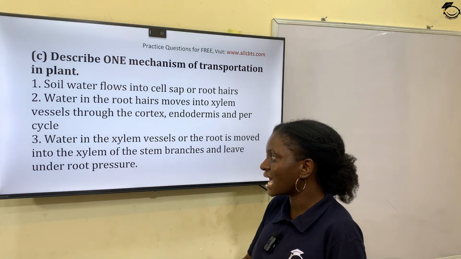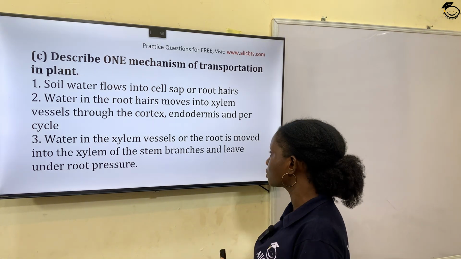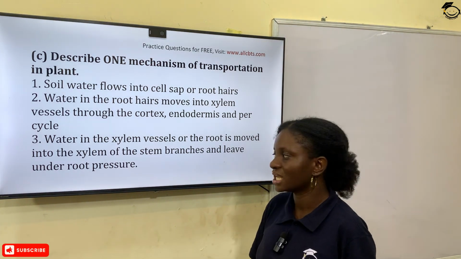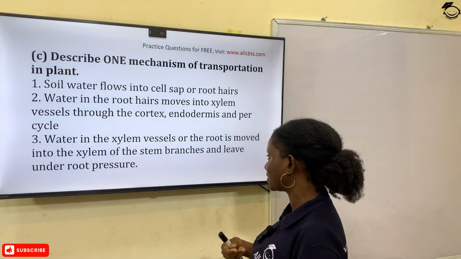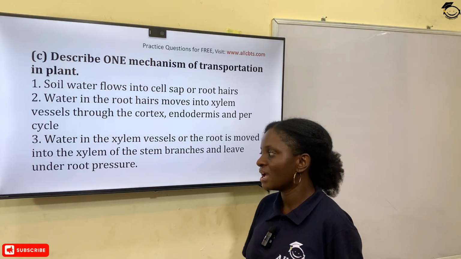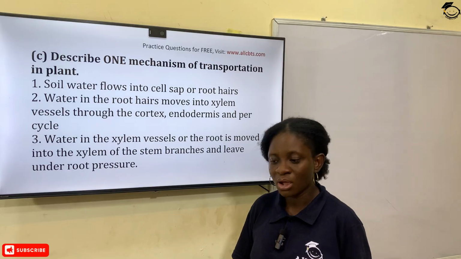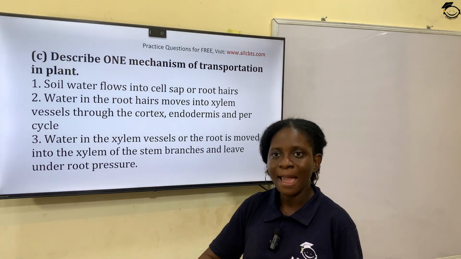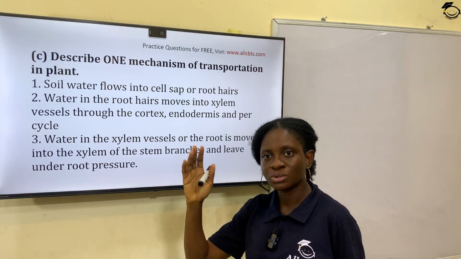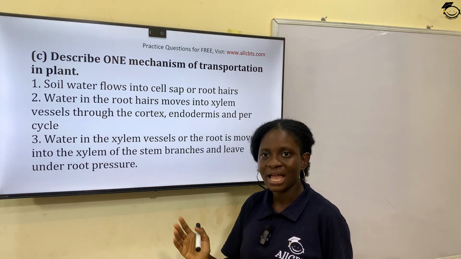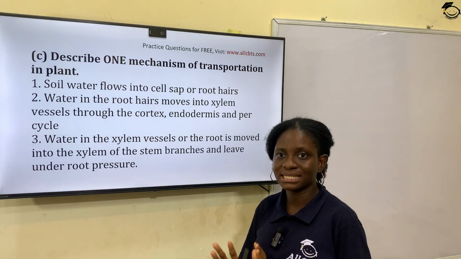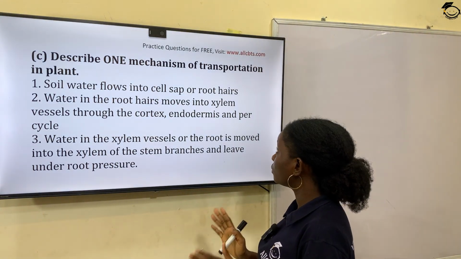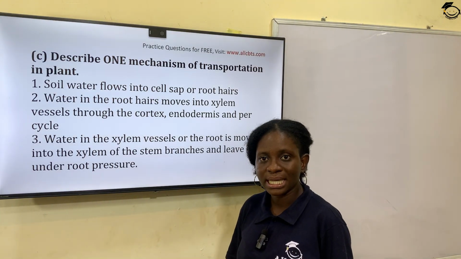Then water in the xylem vessels of the roots is moved into the xylem of the stem, branches and leaf under root pressure. So basically, water is absorbed by the root, then is transported by xylem to the other parts such as leaf and stem.